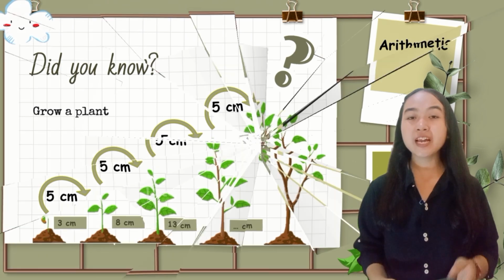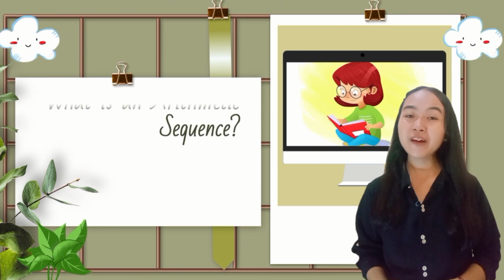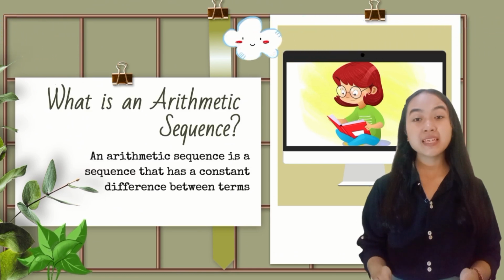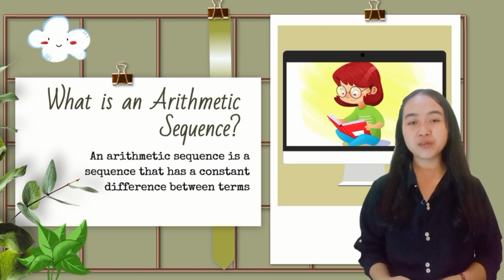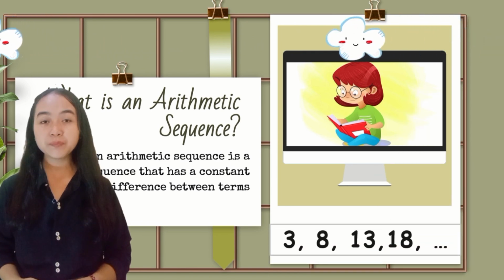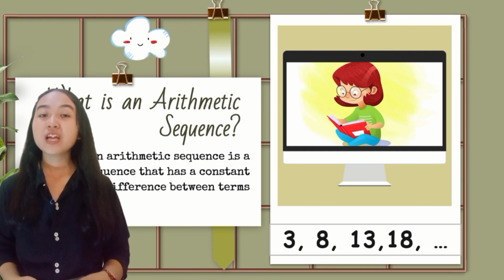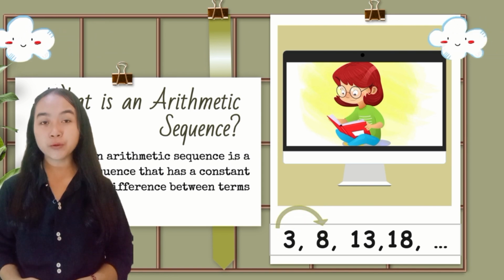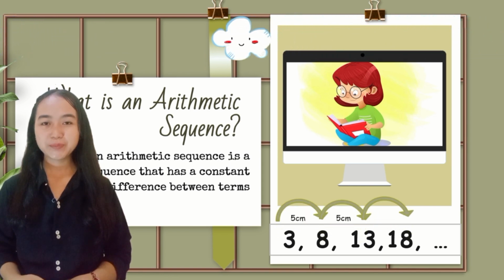Now, here is an arithmetic sequence. So, what is an arithmetic sequence? An arithmetic sequence is a sequence that has a constant difference between terms. So, from the plant growth problem, we can write it as an arithmetic sequence that is 3, 8, 13, 18, and so on, with a constant difference of 5.